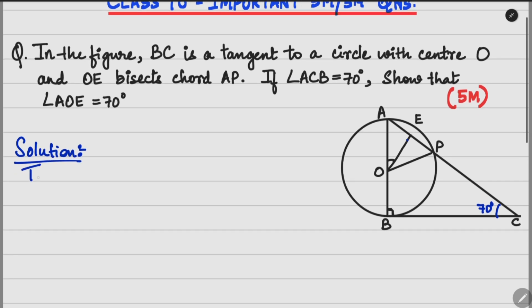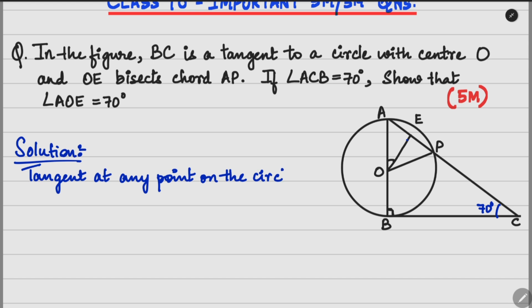So tangent at any point on the circle is perpendicular to the radius through the point of contact.